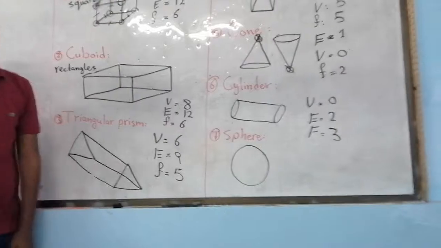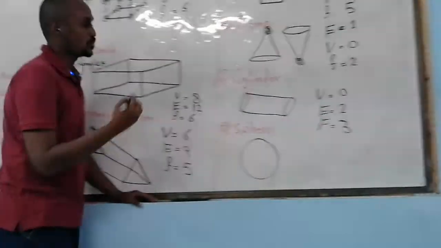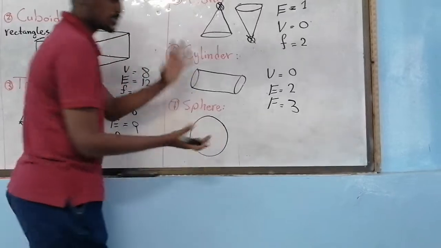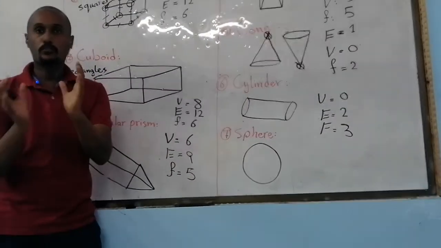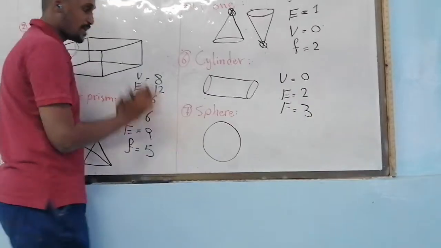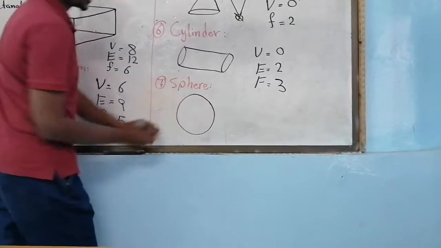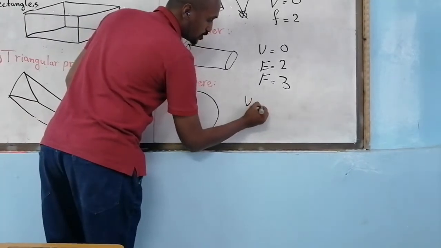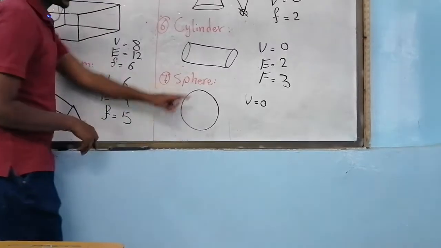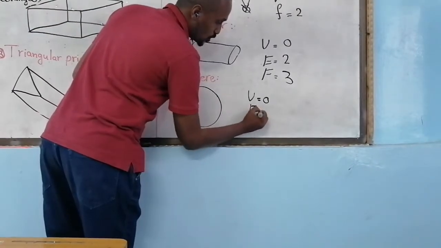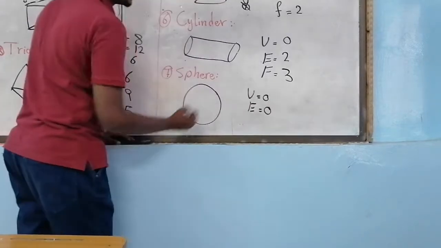The last shape is the sphere. A sphere is just like a ball, like the ball of the football. Do we have points here? No. So, the vertices will be 0. Do we have lines, edges? No. So, it will be 0.